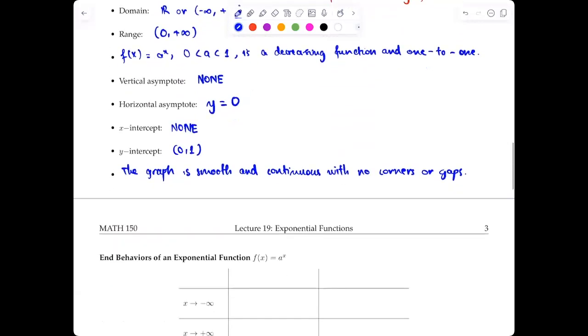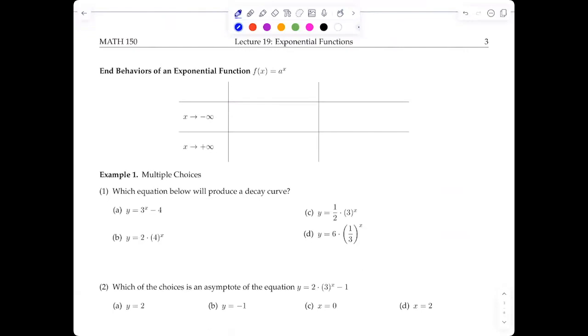Now we're gonna move on to the next topic, which is the end behaviors of the exponential functions. So far, we just consider two types of exponential functions, exponential growth and exponential decay, which is more realistic in applied mathematics. So in the case of exponential growth, if you consider x go to positive infinity, the population will go to infinity, positive infinity, which is unrealistic.